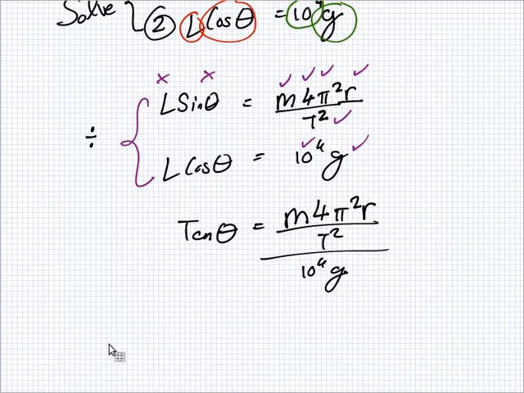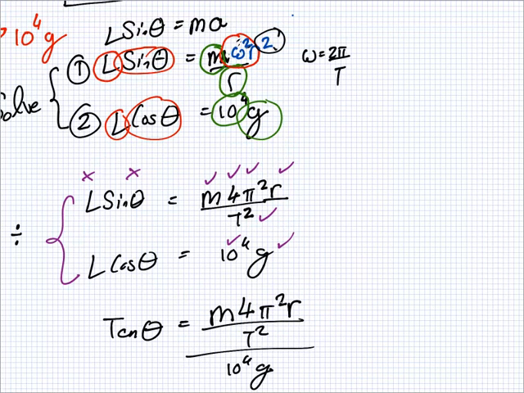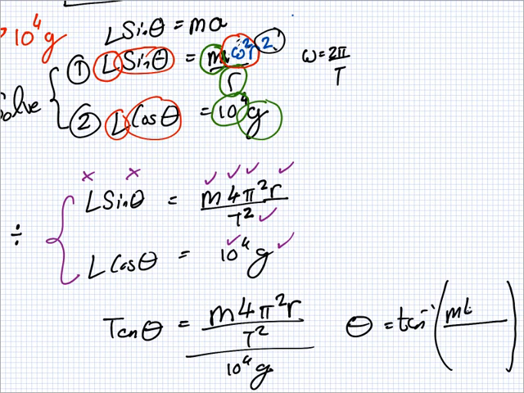So we end up getting theta equals tan inverse of M 4 pi squared over 10-4 G T squared.